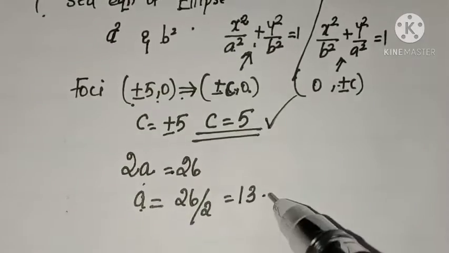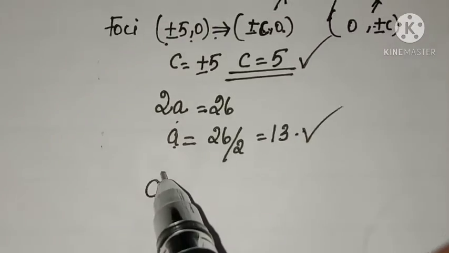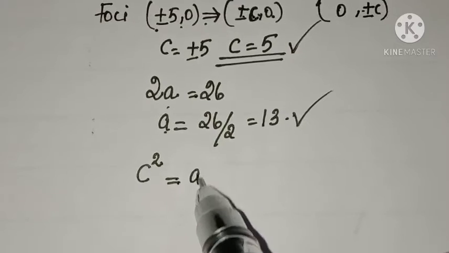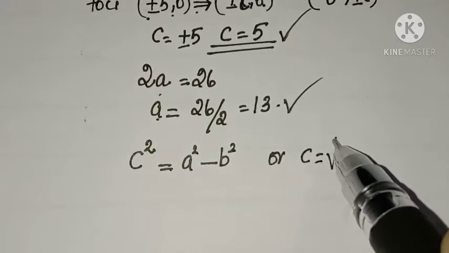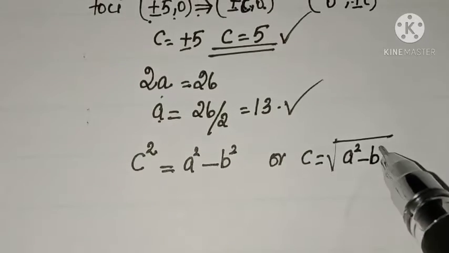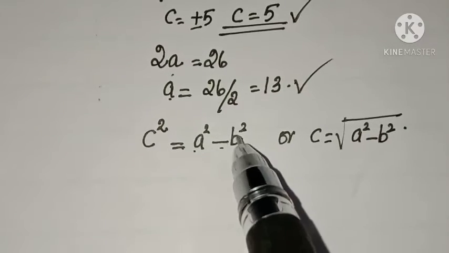So we have c and a. Okay. So for ellipse, there is an equation c square equal to a square minus b square, or c is equal to root of a square minus b square. From here, we can easily find b.